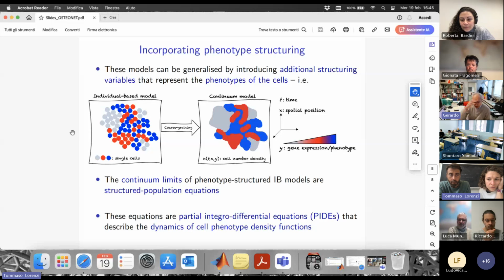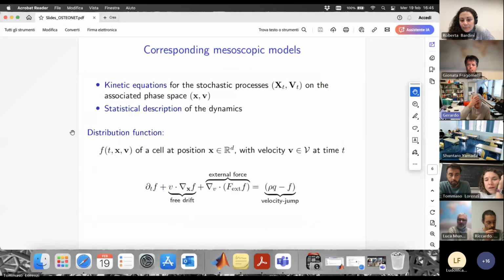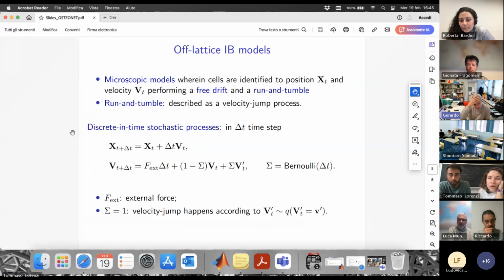Now, I was wondering, how close is that to reality? Because let's assume that the cell is subjected to a flow field. I may expect that the action of shear stress may also influence the drift as well as the run and tumble behavior of the cell. Is that correct?